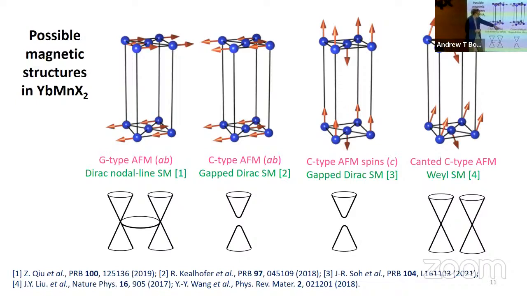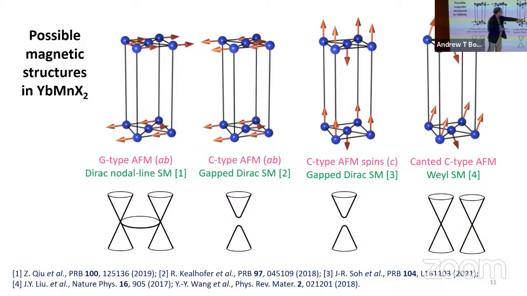Another group suggested that instead the nearest neighbors in the plane were opposite, but the nearest neighbors in this direction, the spins were actually parallel. And if you do the calculation for that type of magnetic structure, you get a Dirac semimetal, but with a gap here. So very different from this. And if you turn the spins in the C direction, the vertical direction, with the same structure, this is called a C-type antiferromagnet with the spins along the C-axis, you get the same type of electron band feature.